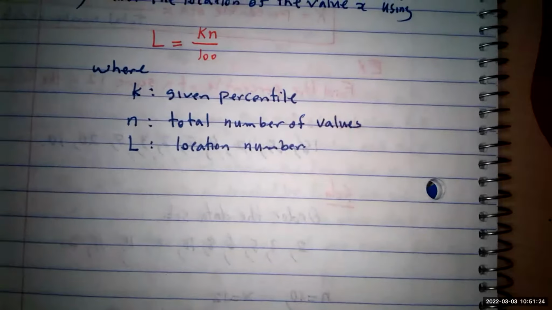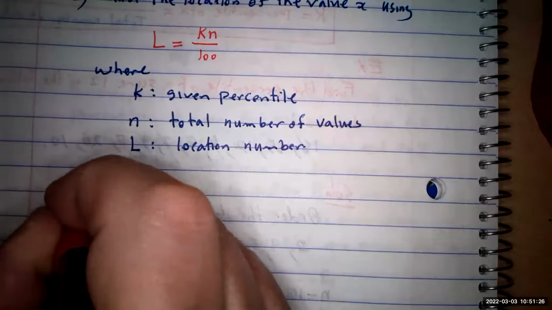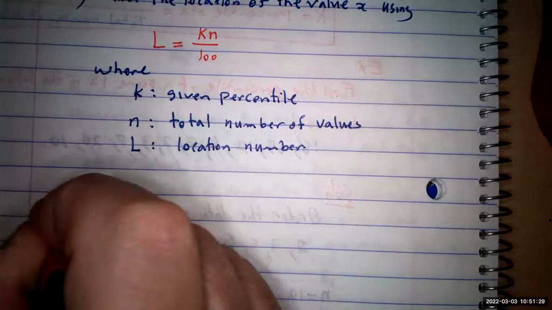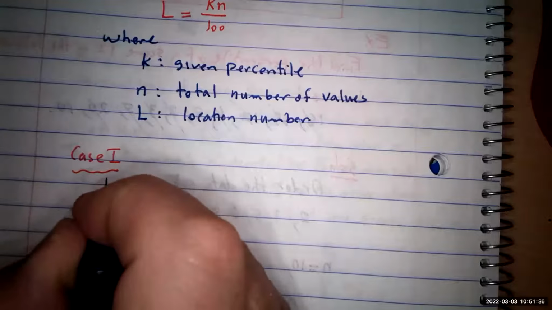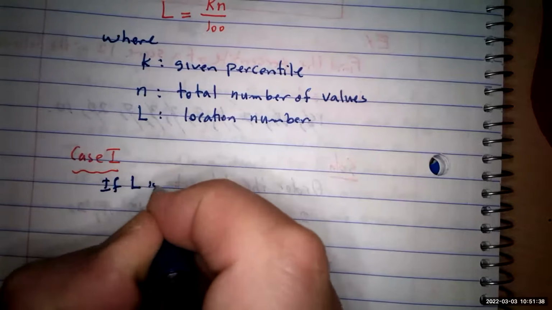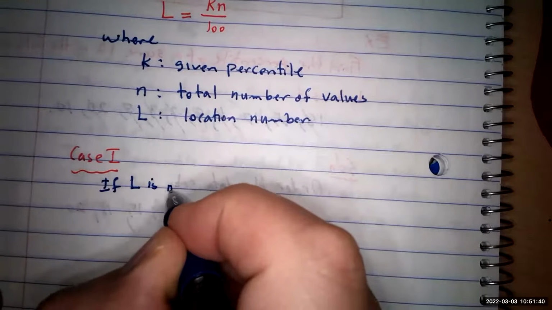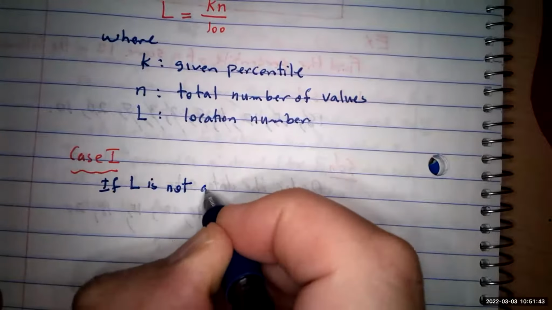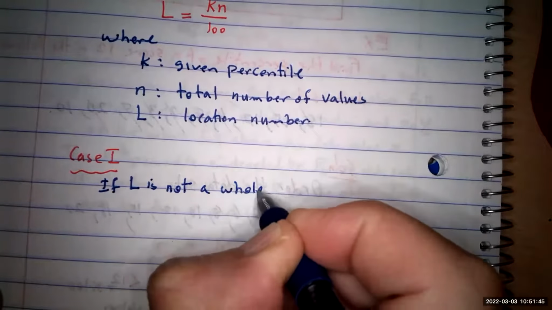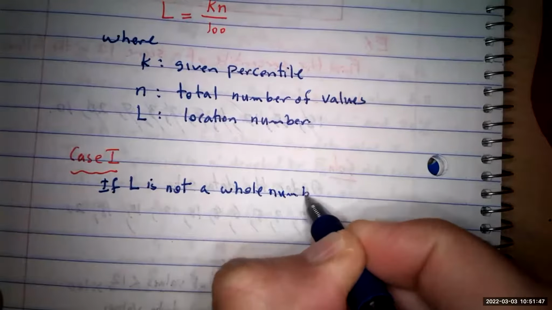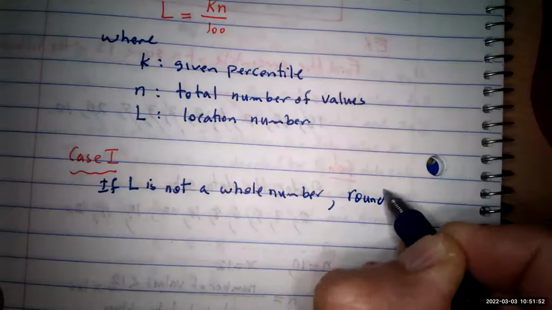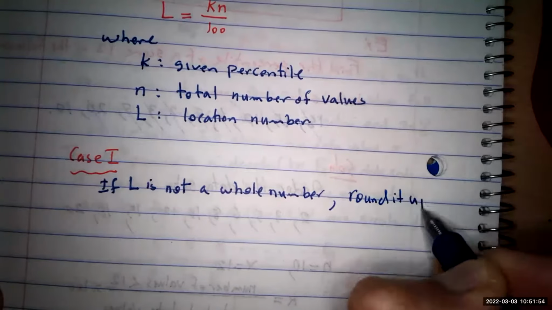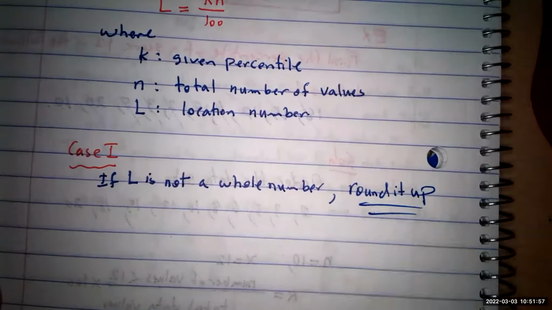So we find the L, two cases. Case one, if L is not a whole number, round it up.